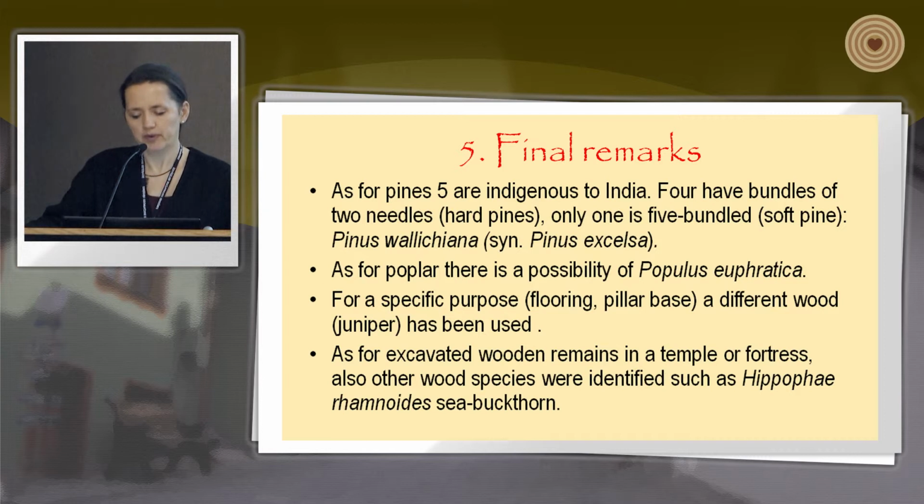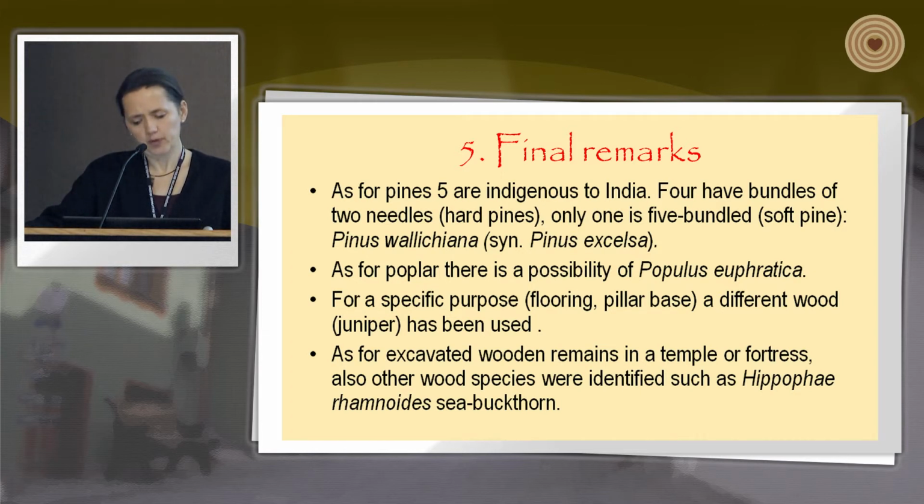As for the poplar, there's a possibility that these are Populus euphratica, the Euphrates poplar, very famous in desert areas. But I will go through the samples again in April.